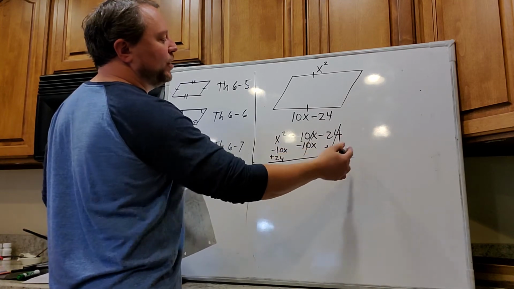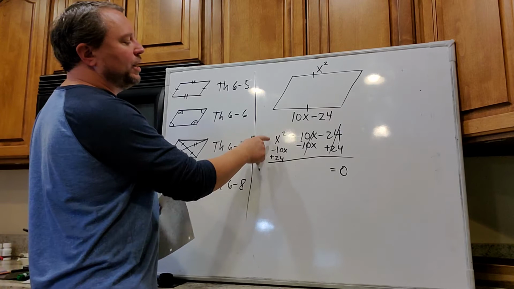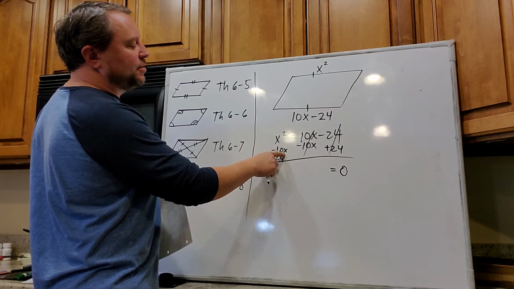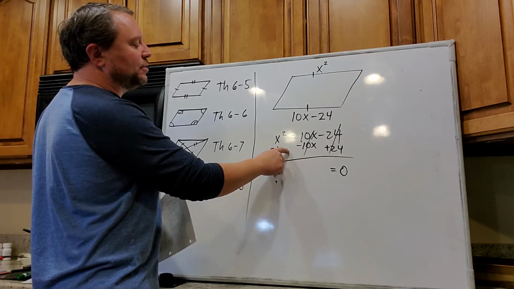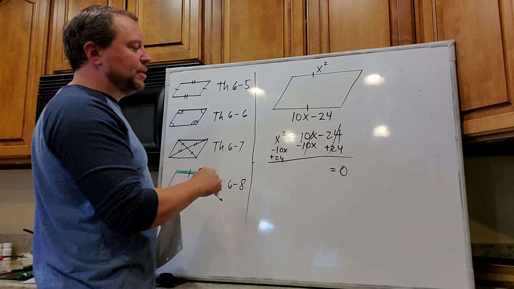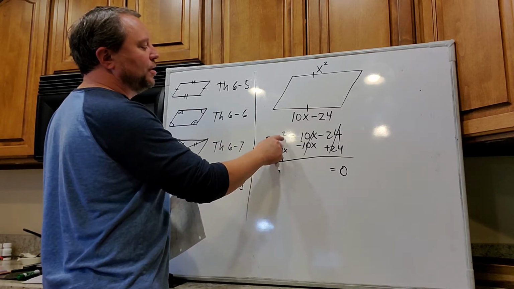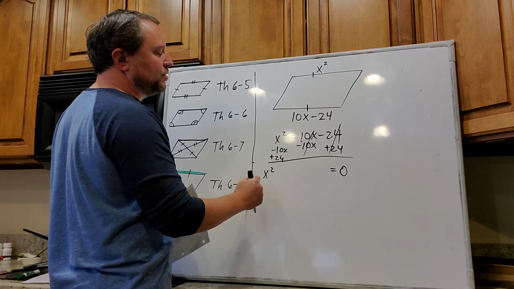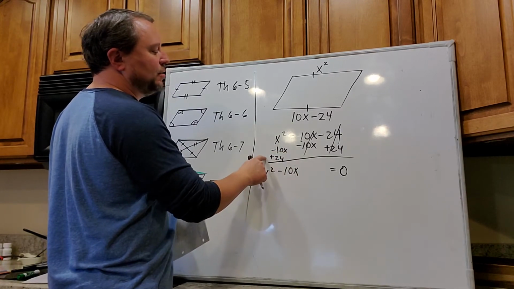Okay, so everything over here is going to be gone. It's going to be set equal to 0. Okay, be careful over here. You cannot actually take x's away from x squareds, or even constants away from x's or x squareds. These all three are unlike terms. Keep them separate and keep them in descending order. So I'm going to put the x squared first, then the minus 10x, and then the plus 24.